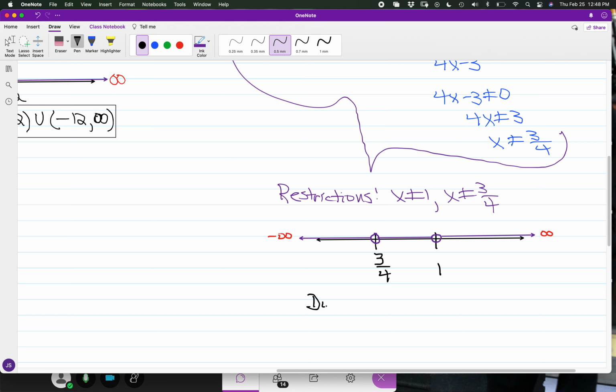So for the domain of g composed with f of x, we have those values x that will be less than 3/4, followed by those values greater than 3/4 and less than 1.